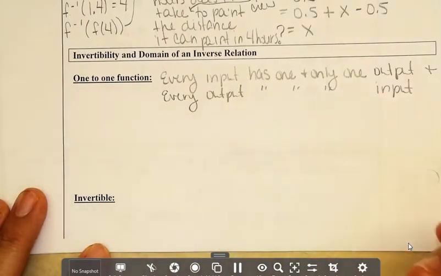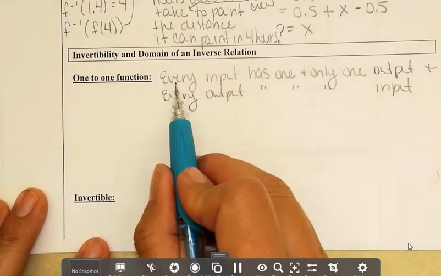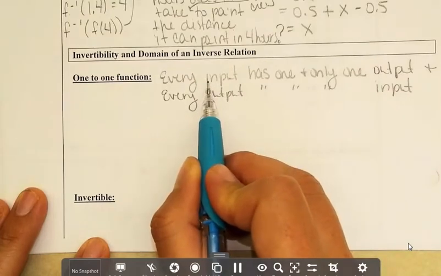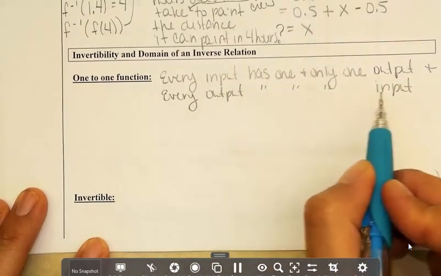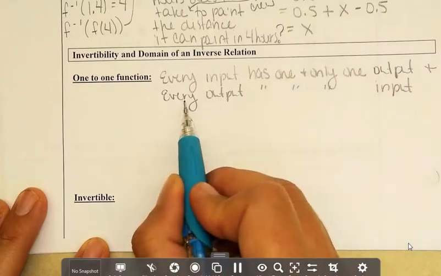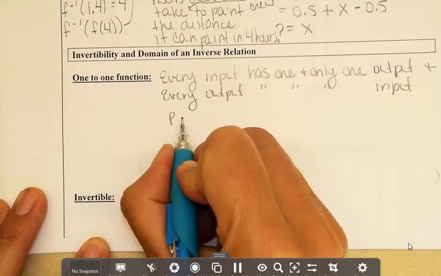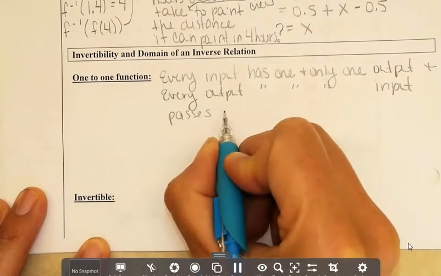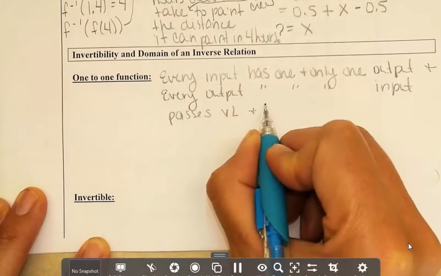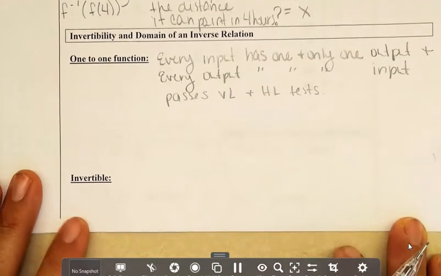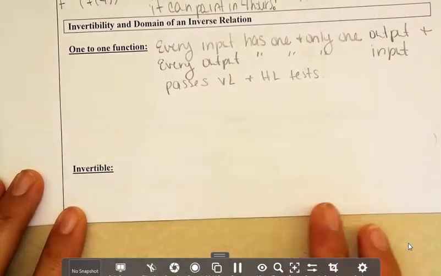Now, if this first part is true, then that means it passes the vertical line test. And if this second part is true, that means it passes the horizontal line test. So we could even say it passes vertical line and horizontal line tests. Okay, next part.